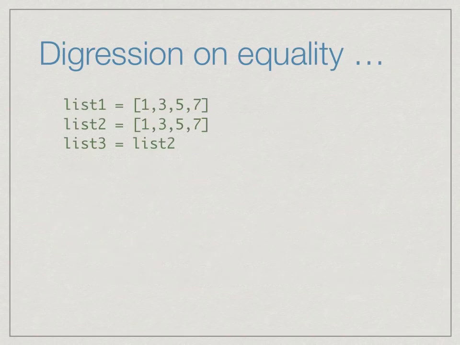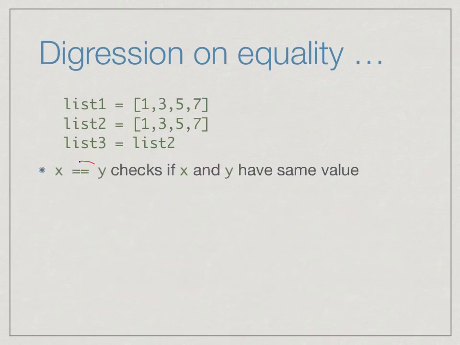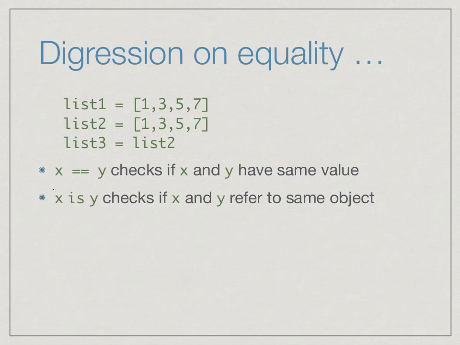So Python has, as we saw, this operation equal to, which is the equivalent of the mathematical equality, which checks if x and y as names have the same value. So this will capture the fact that list1 is equal to list2, even though they are two different lists, they happen to have the same value. To look at the second type of equality, that list3 and list2 are actually the same physical list in the memory, we have another keyword in Python called is.